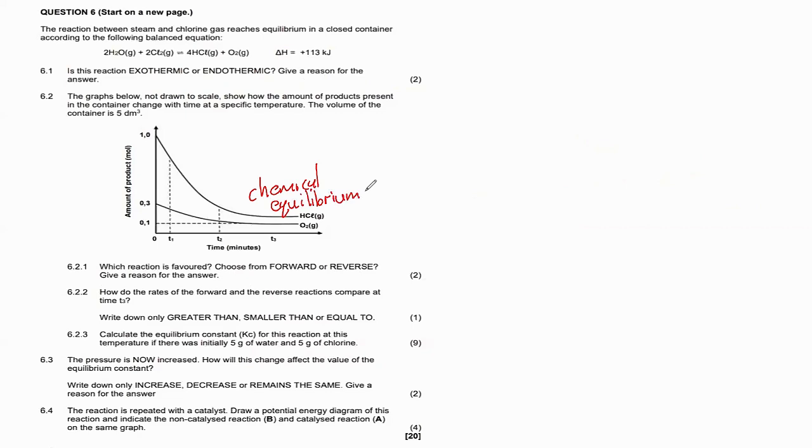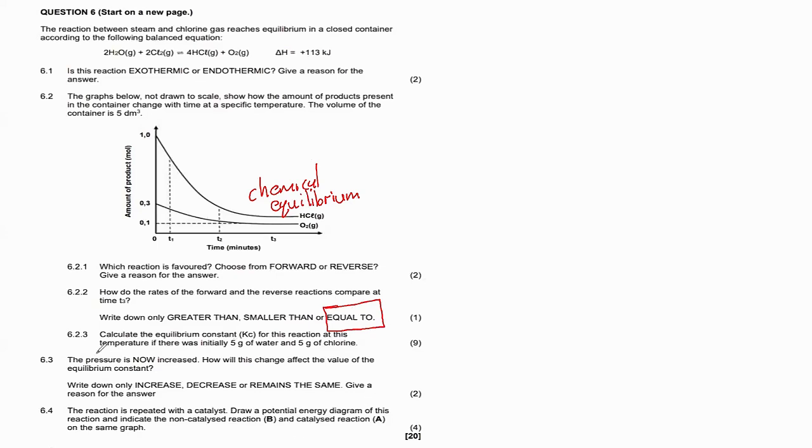And if you remember the definition for chemical equilibrium, it says this is when the rate of the forward reaction is equal to the rate of the reverse reaction. So obviously from spotting that definition, we are now able to say that at that point, the rate of the reverse reaction is equal to the rate of the forward reaction.